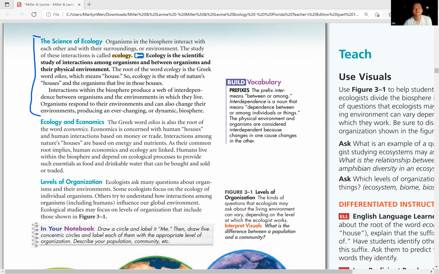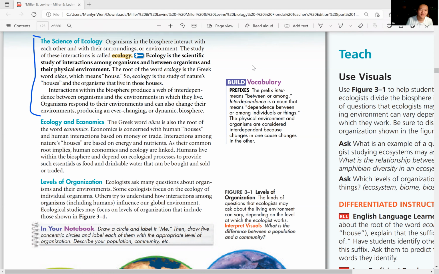Ecology is like the organisms, the animal with animal, plants with plants, and ecology is like the research on them.